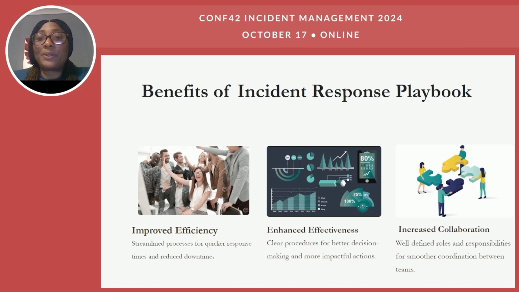It also increases collaboration. Where there is a well-defined role, it helps them know who to escalate to, because they already have the role matrix that spells out who to escalate to in the event something goes wrong. So it shows the chain of escalation, making the coordination of the incident very smooth.